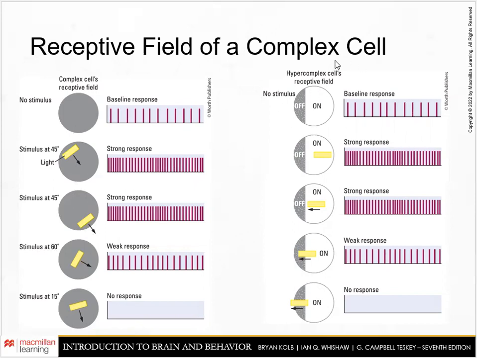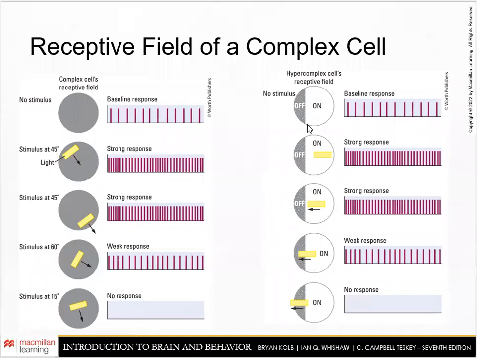Then the hypercomplex cells' receptive fields in V1 respond to a moving bar of light in a particular orientation, for example, horizontal, anywhere in the excitatory part of the receptive field. However, the response is inhibited if most of the bar extends into the inhibitory area.